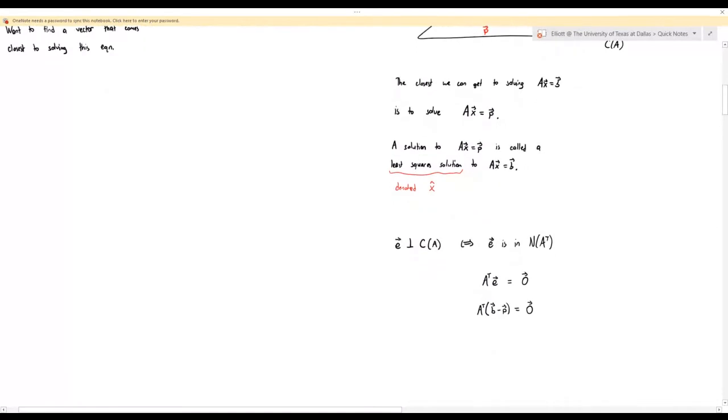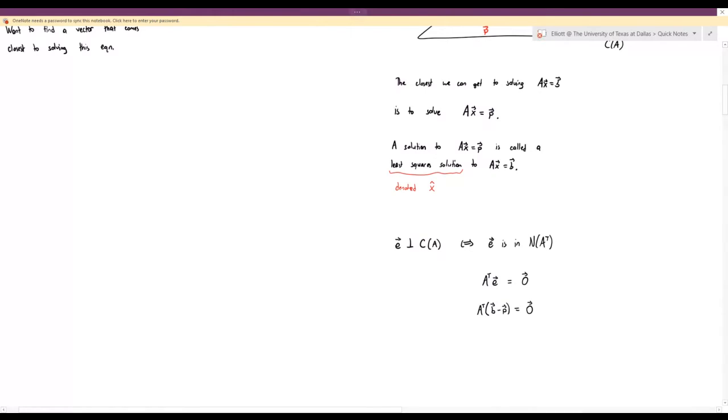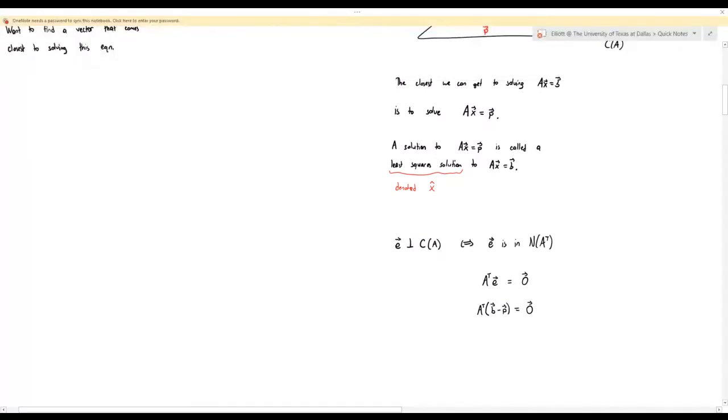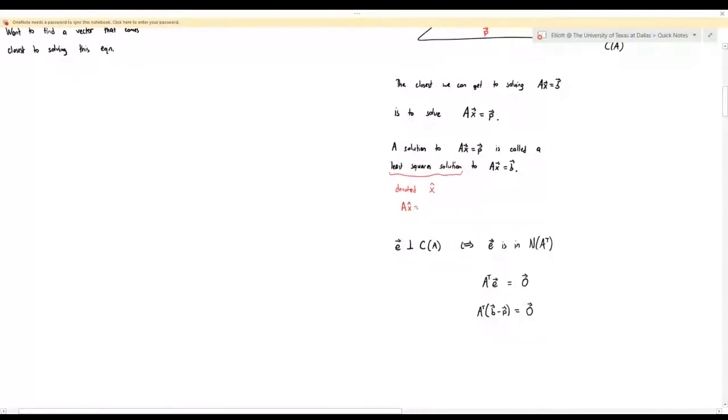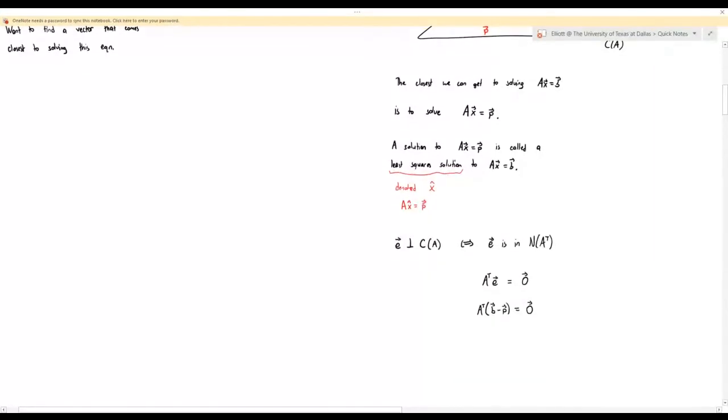All right, and then with the idea that x hat, the least square solution, would be a solution to Ax equals p, so that A times x hat should equal the projection vector. What I'm going to do next is, in this equation, replace p with A x hat.